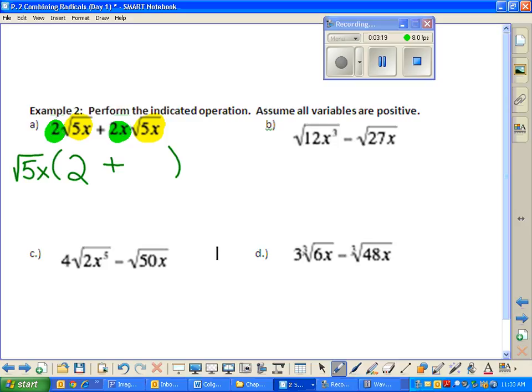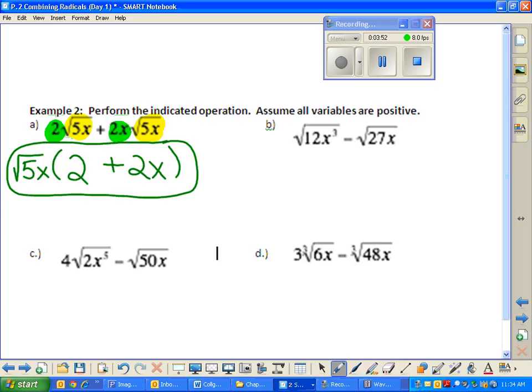And then to repeat this distributive property backwards idea that we use in the GCF method, we ask ourselves, the square root of 5x times what gets us back to 2x times the square root of 5x? And that's just 2x. So if I lop off the square root of 5x's, we have 2 plus 2x left over. So this is how your book will justify or rewrite an equivalent expression.